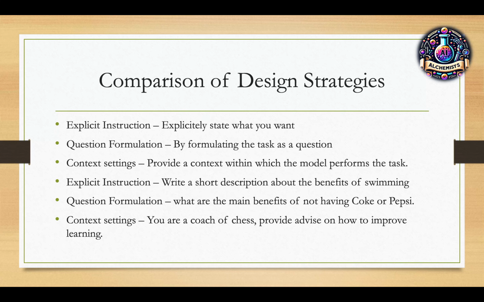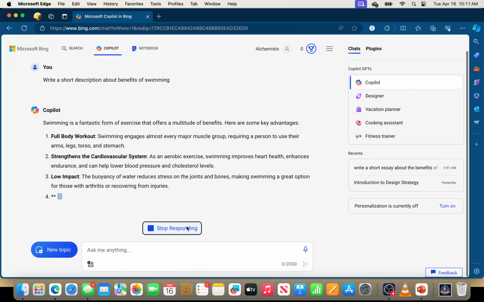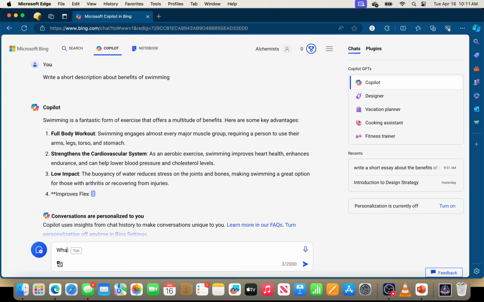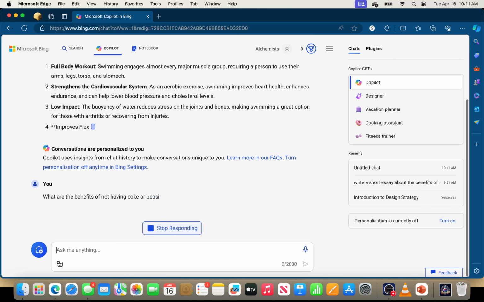And the next one is question formulation. What are the benefits of not having Coke or Pepsi? I'm going to stop this one for the time being. So you're asking the question directly, how it's going to impact our health.